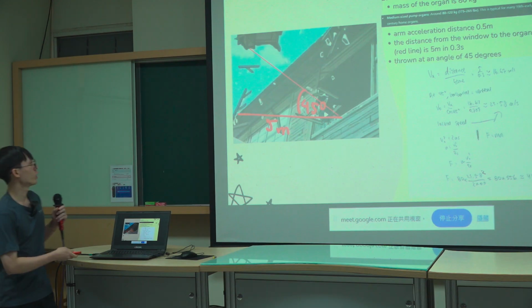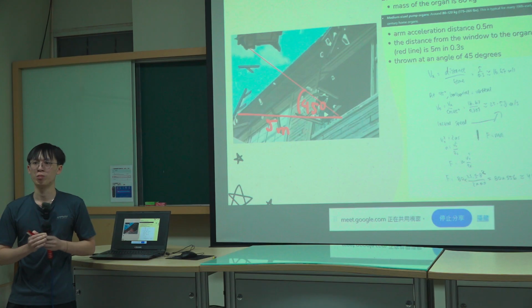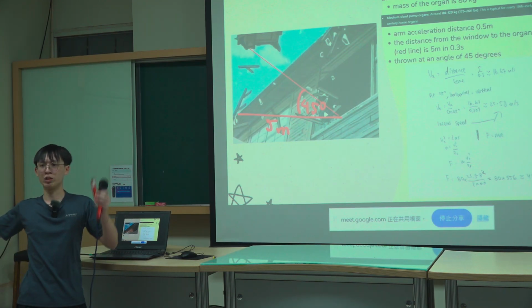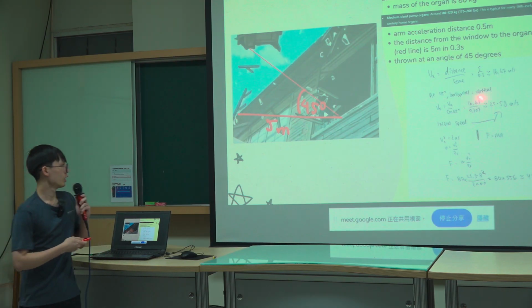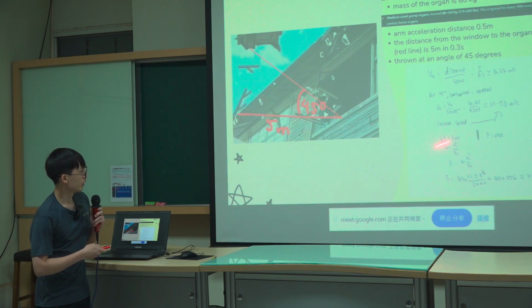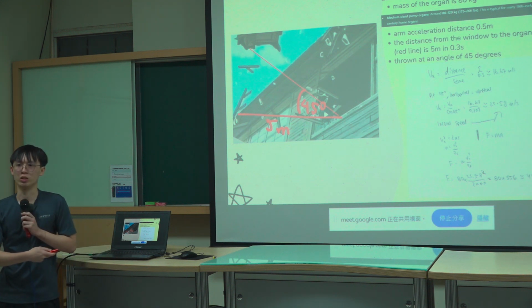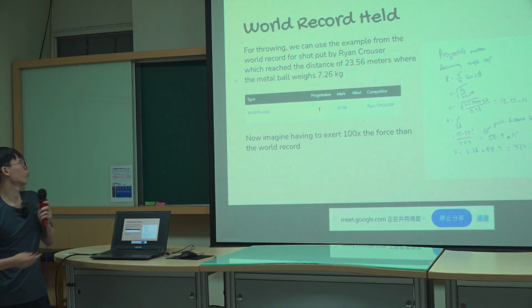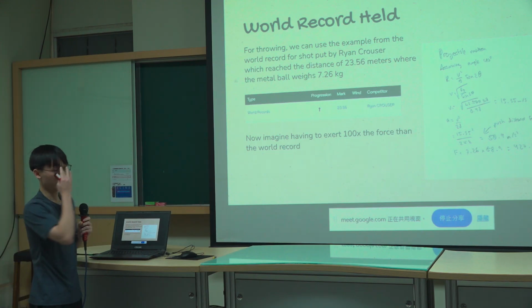So we can assume that the acceleration distance is 0.5 meters, from our hand. For example, we throw it like this, and we assume here to here is 0.5 meters. Using that equation, we can combine it to get this singular equation, and it results for the force to be 44,480 newtons.